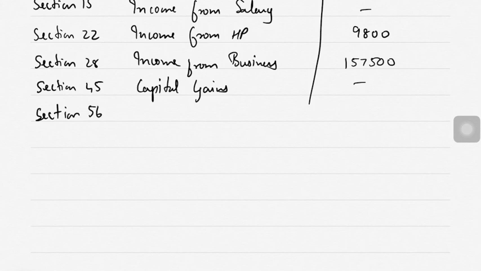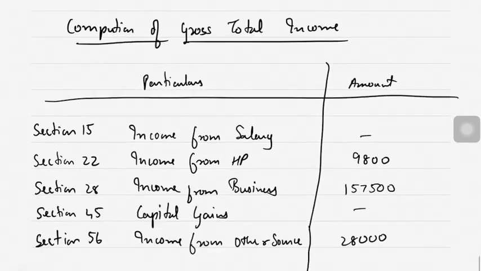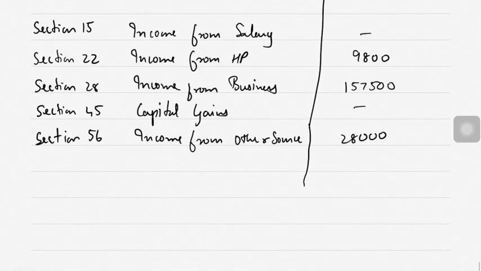Then section 56, income from other source. So income from other sources 28,000.